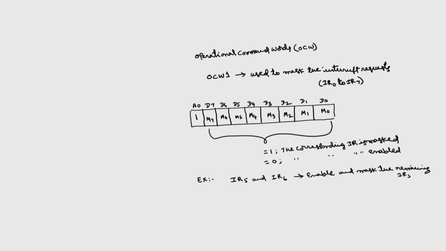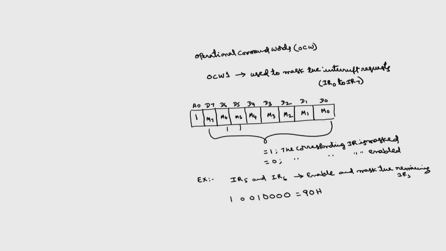Then what is the OCW1? IR5 corresponds to this, IR6 corresponds to this. So these two bits should be 0, remaining all should be ones. 1, 0, 0, 1, then all zeros. This will be 90H. If I load 90H into operational command word register 1, then IR5 and IR6 will be enabled, whereas the remaining all will be masked.